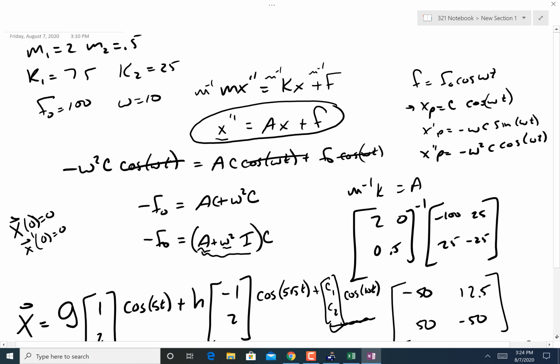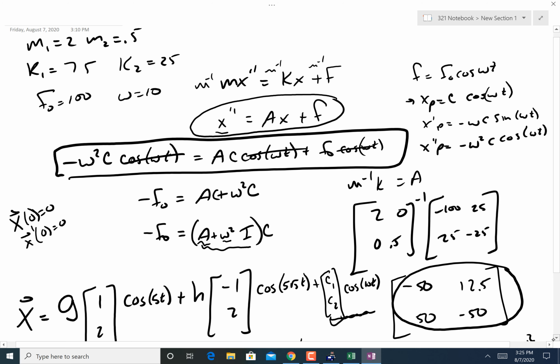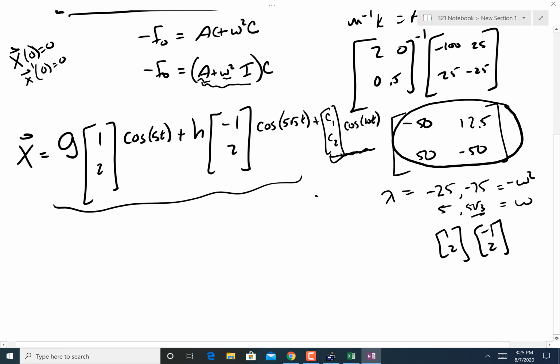Okay, so my A matrix is this guy right here. Are you with me? That's my A matrix. So what I'm going to do is use this equation right here. That's what I'm going to look at. And so I'm going to have omega squared. So notice that omega squared is negative 100.